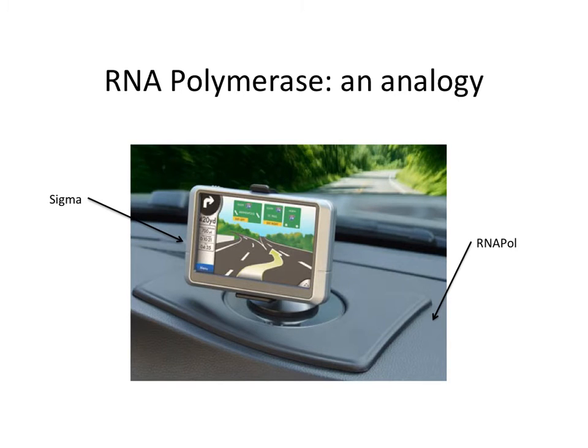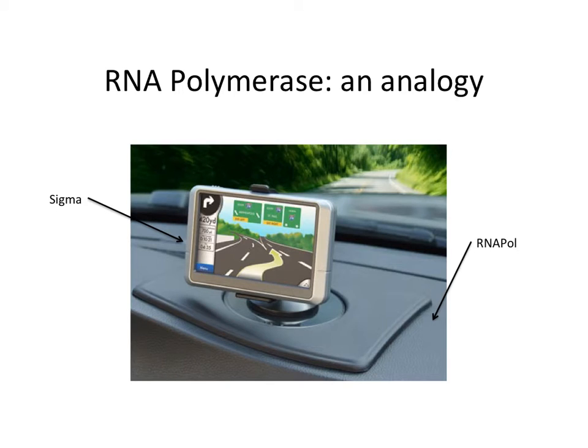And basically sigma factor is like the GPS for RNA polymerase. So RNA polymerase is the car. You take sigma factor, the GPS unit. Sigma factor tells RNA polymerase where to go. So anywhere sigma factor is bound to a chromosome, sigma factor physically binds to RNA polymerase. There's a chromosome stretching across here.